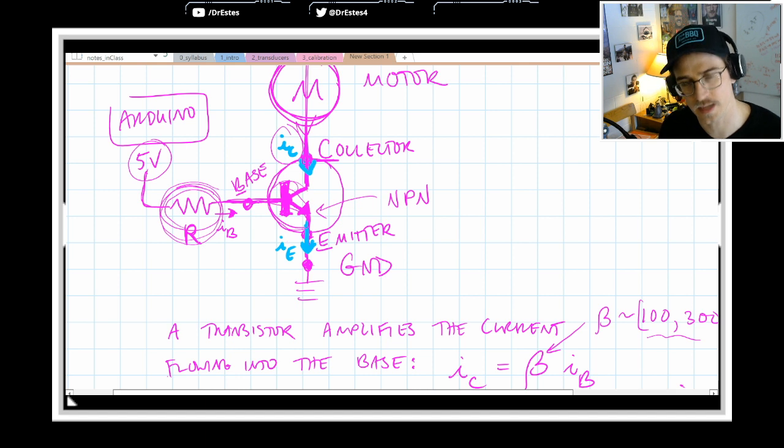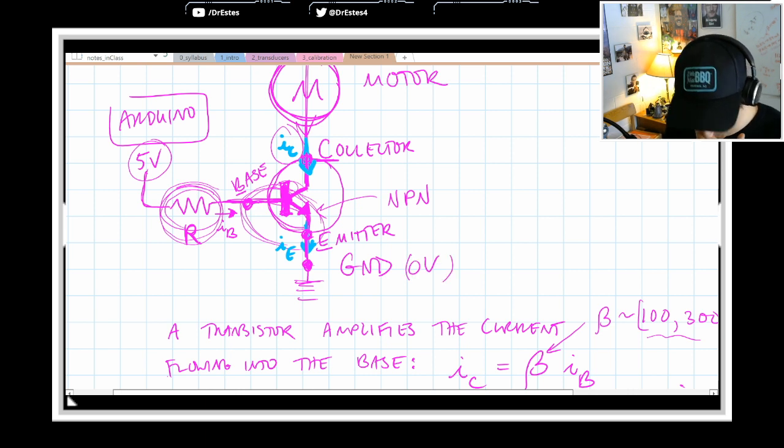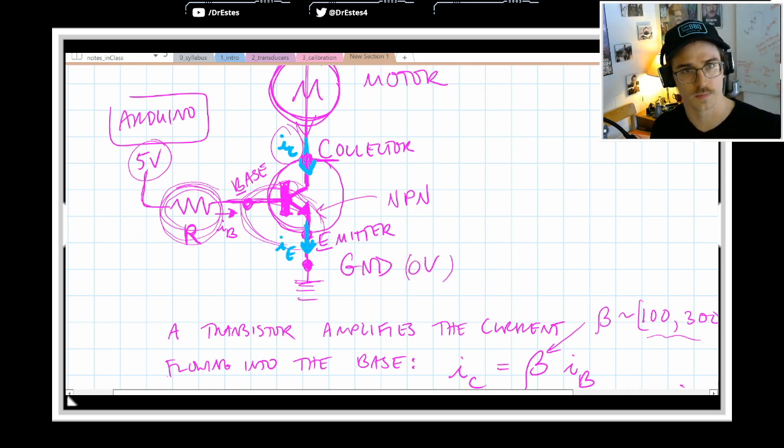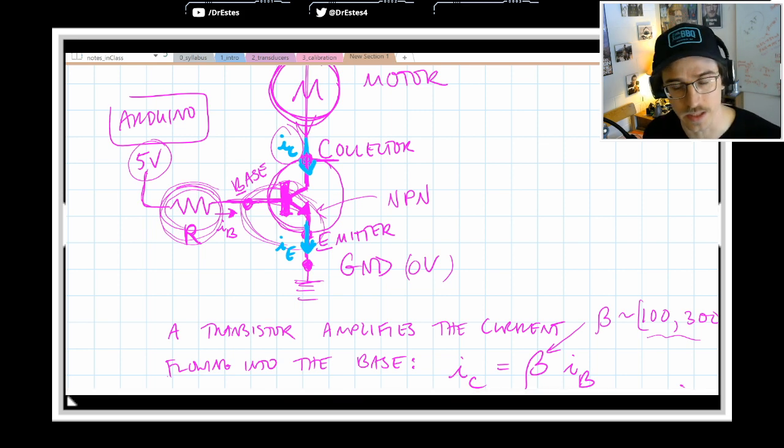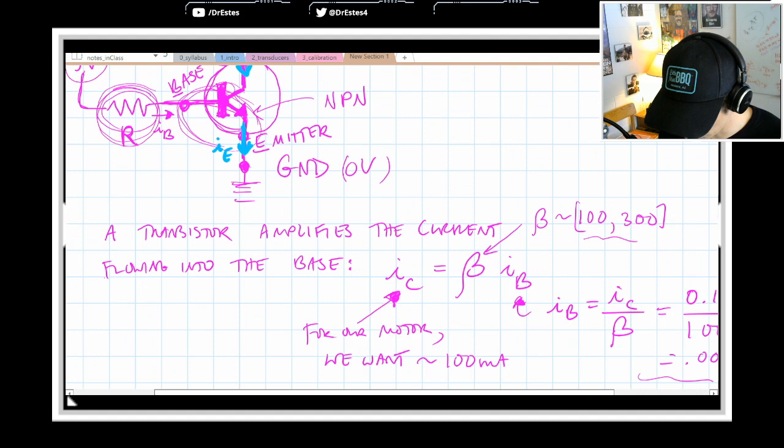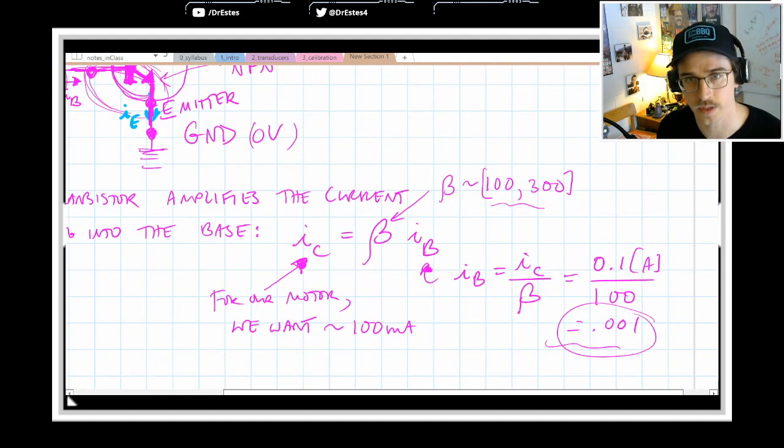It's standard to lose 0.6 volts from the base to the emitter, that's standard for diodes and transistors. And then we go down to ground, 0 volts. So if we apply Kirchhoff's rule along that path, we can figure out what this resistor needs to be to make the current 0.001 amps, or 1 milliamp.